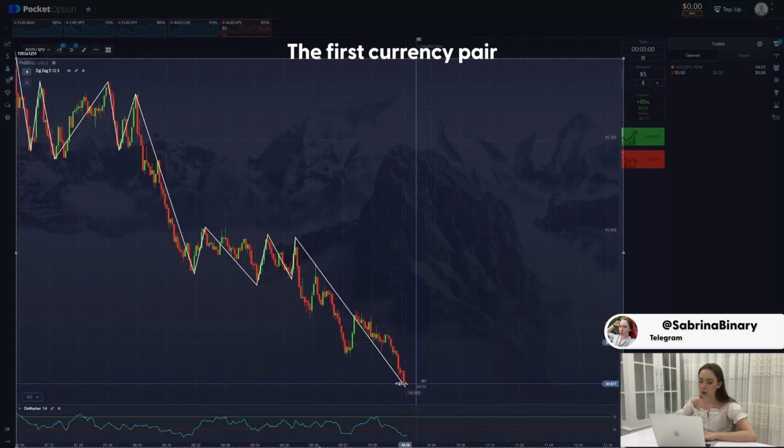So let me tell you briefly about the DeMarker indicator. My point is that many people ask me how to use it and what it is. There are two ranges, 70 and 30. The area of 70 is called the overbought area and the area of 30 is called the oversold area.